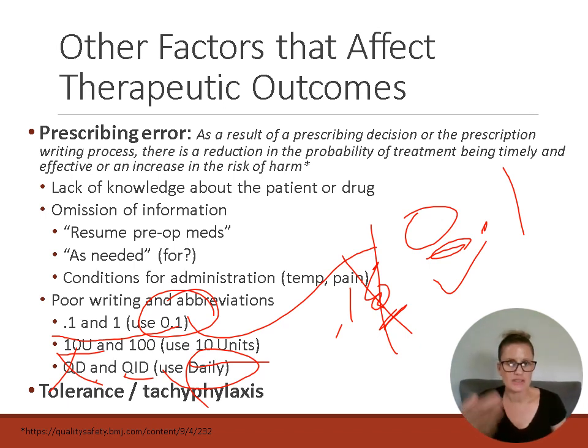This can occur, decreasing the effectiveness of a medication or a dose over time. So as a person's taking the medication over a length of time, you might have to start increasing the dose, or you might have to change the medication and rotate through different types of medication, over a span of time.